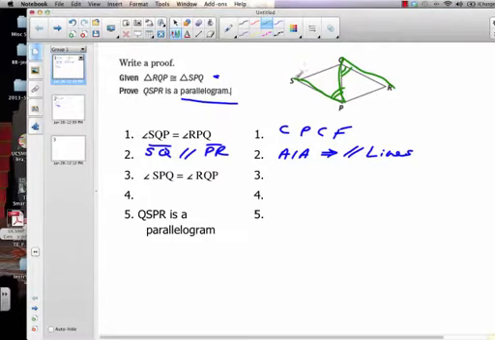There we go. So there's our Z. And this time we're using sides SP and saying it's parallel to QR.